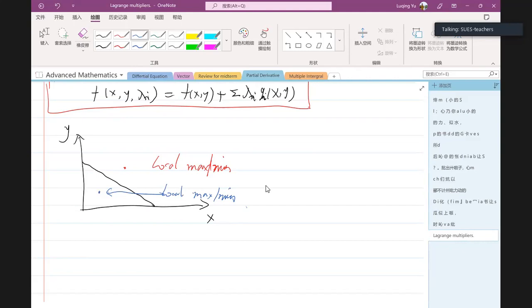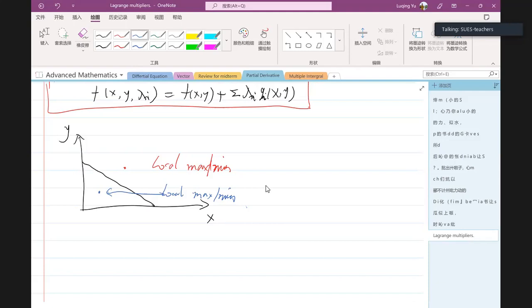But in our class, for our finals, you don't need to check whether this point is inside or outside of the constraint, because when I say please find the local maximum and minimum subject to some condition, it's already assumed that without constraints you would find a higher or lower value than your constrained maximum or minimum.